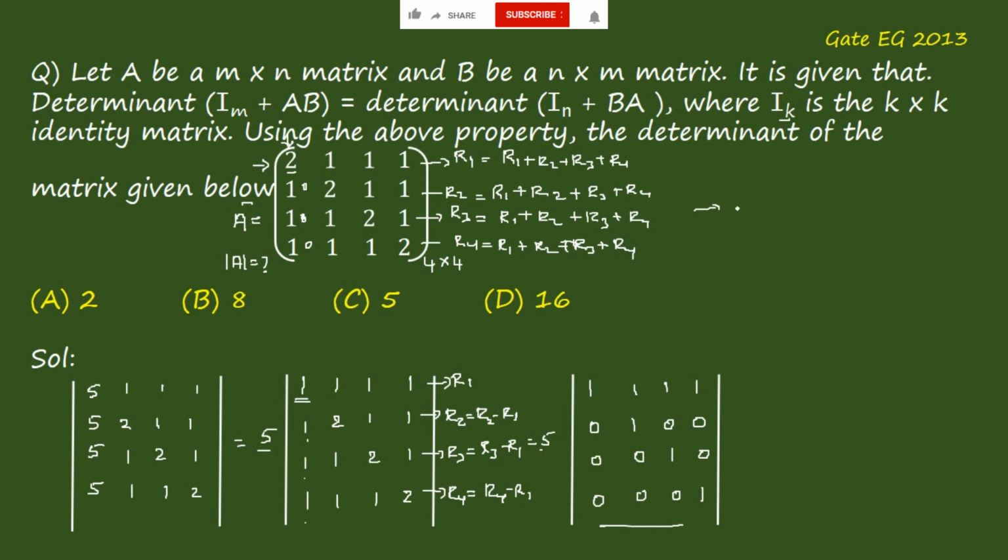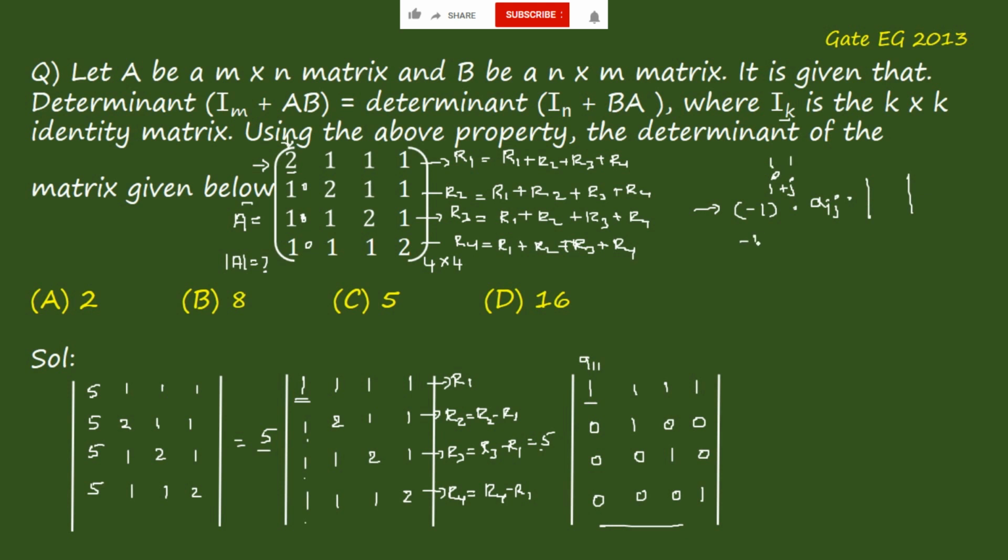The general thing that we do is consider one element: minus 1 power i plus j into a of ij into the determinant of the other elements. So one element is a11, so i and j are 1 and 1.